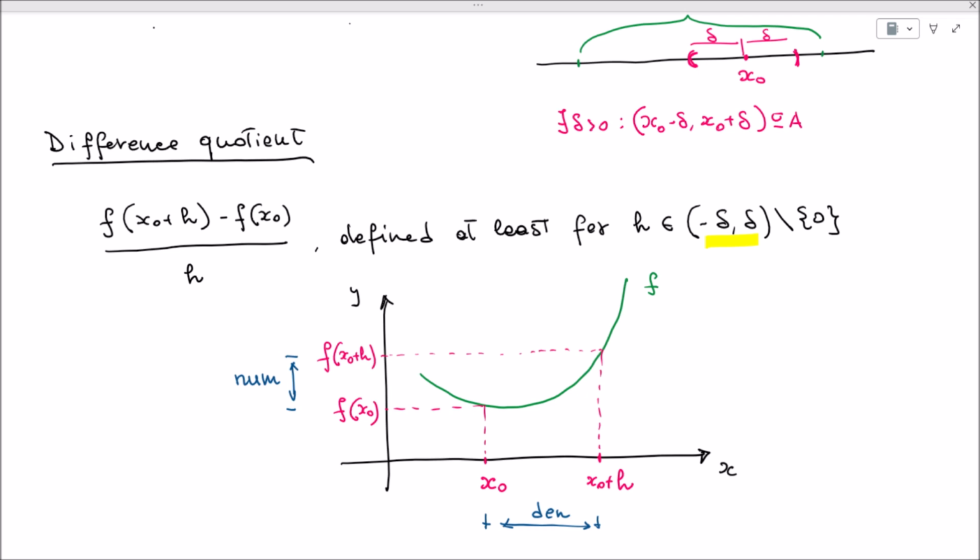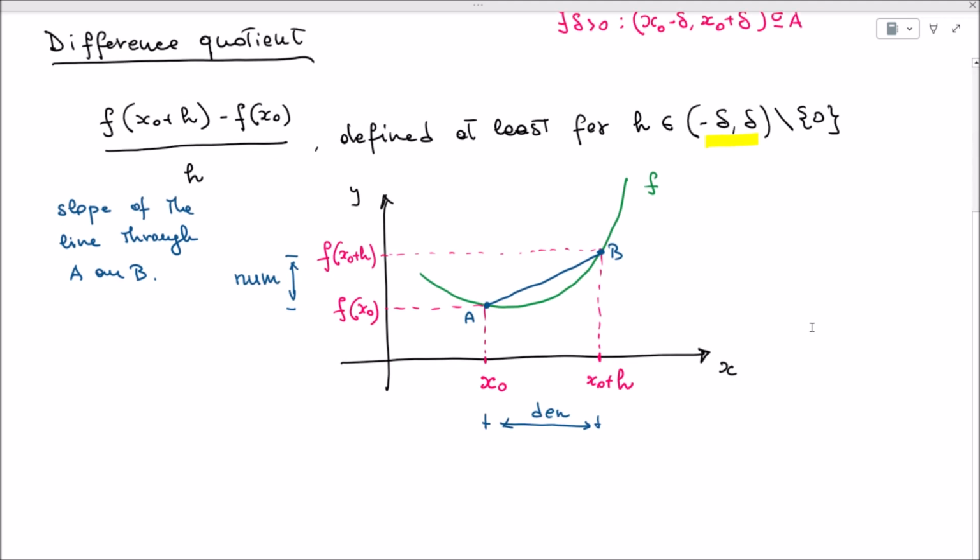So the interpretation of the difference quotient is nothing else than the slope of this line connecting this point A to the point B. So we can give this interpretation: this will be the slope of the line through A and B.